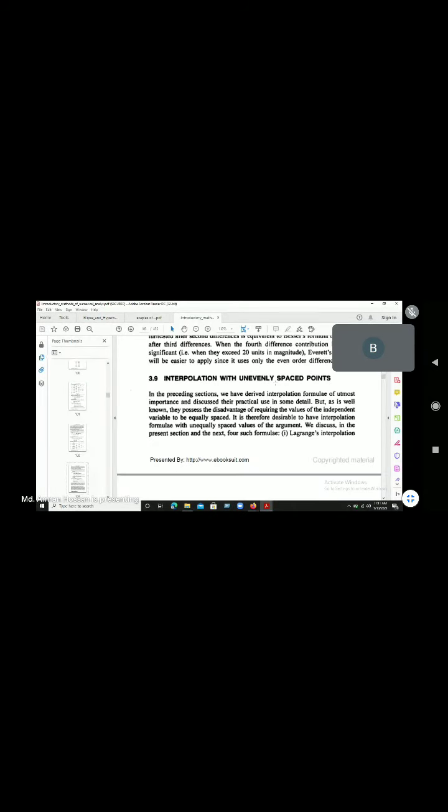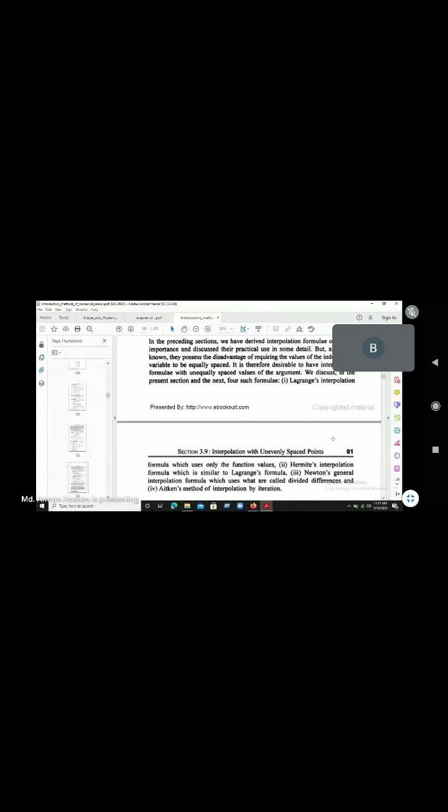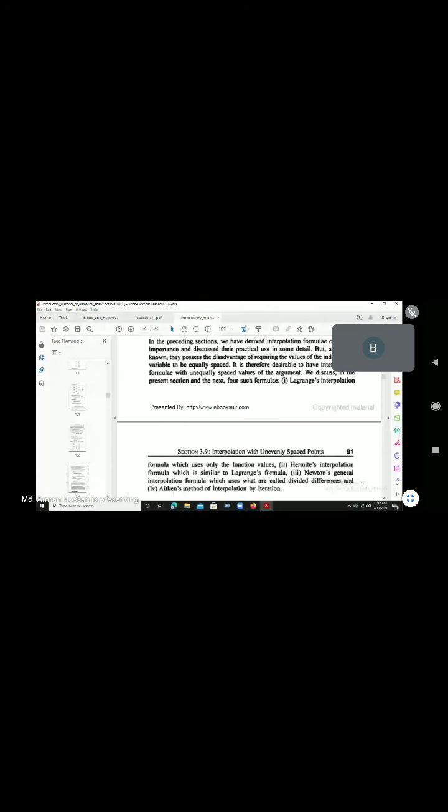So, interpolation with unevenly spaced points. Unevenly means unequally, which means the space is not equal. We'll discuss in the present section the next four forms: Lagrange interpolation, Hermite interpolation, and Newton's general interpolation. I'm going to discuss the Lagrange interpolation first.